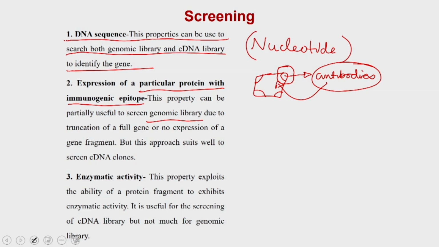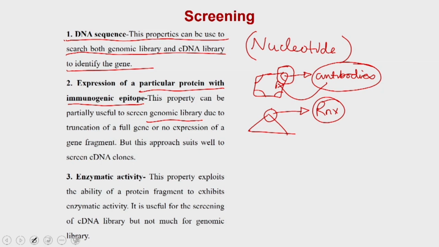The third is that you have an enzyme, and this enzyme has a specific reaction which it is catalyzing, and that reaction can also be used to screen the genomic library or the cDNA library.